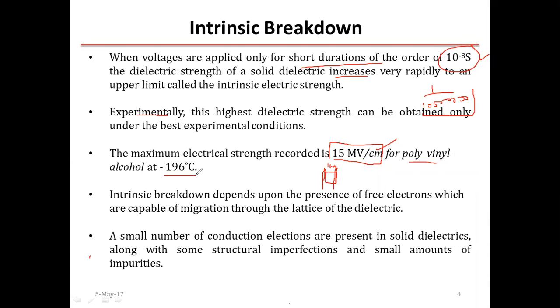Okay, so the intrinsic breakdown occurs upon the presence of free electrons, which are capable of migration through the lattice of the dielectric. Now, you know that solid materials are compact and closely packed, so there are no chances of free electrons in the solid.